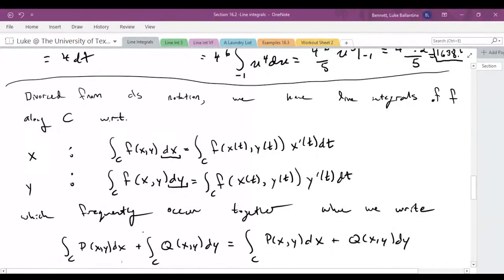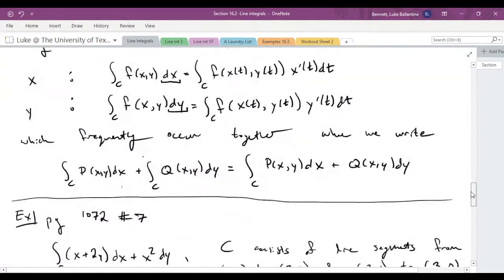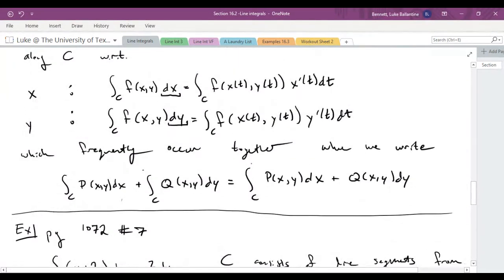So they frequently occur together, where we can write them as one integral with your dx and dy.